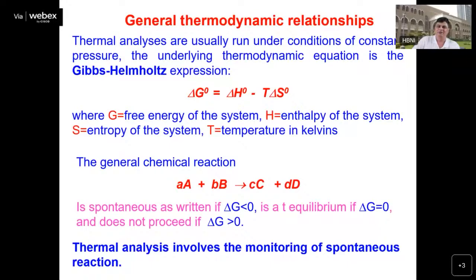In a general chemical reaction, two different compounds A and B give the products C and D. A reaction is spontaneous if delta G is negative, is at equilibrium if delta G equals 0, and does not proceed if delta G is positive.